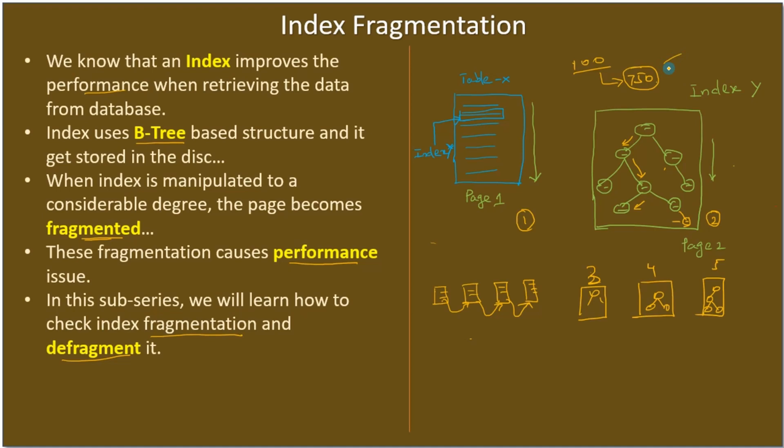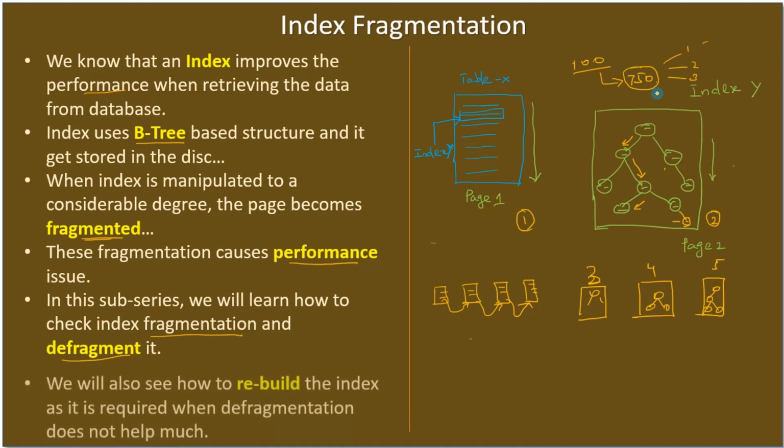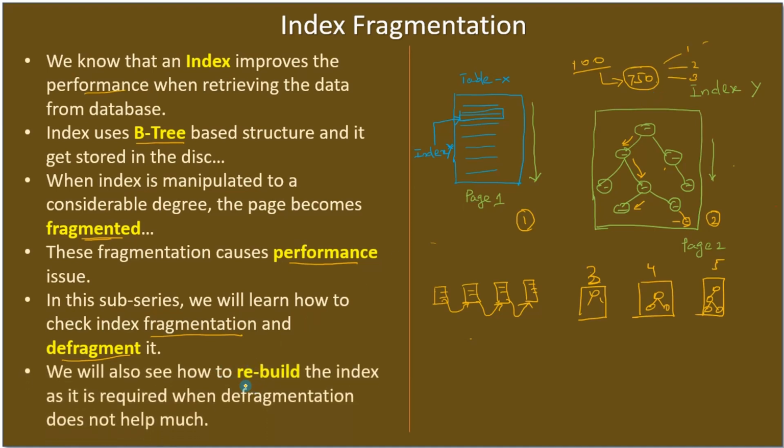So we should know a way which indexes need defragmentation or which indexes are fragmented, right? So that way you will pick the indexes, then you will go with the maintenance procedure. We will also see how to rebuild index, as it is required when defragmentation does not help much.